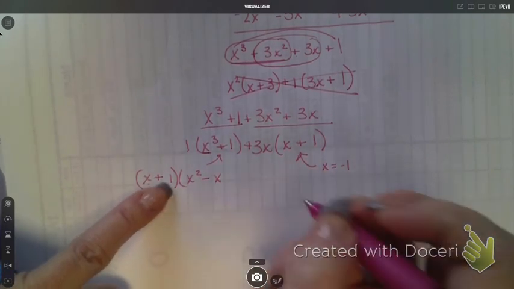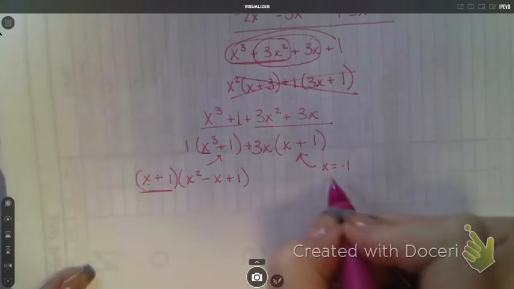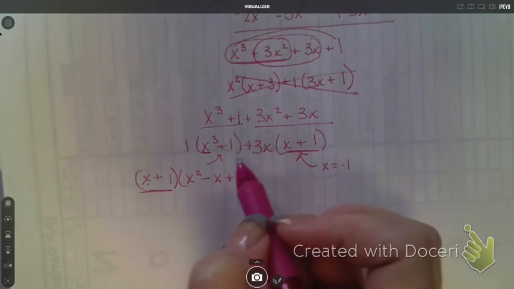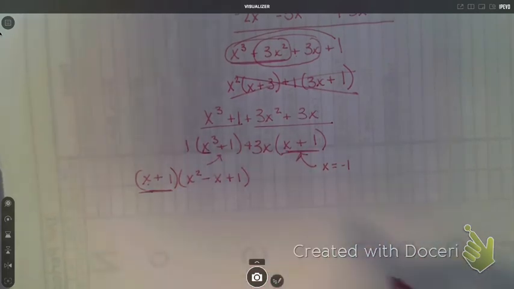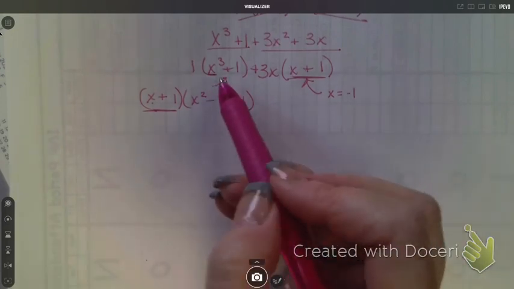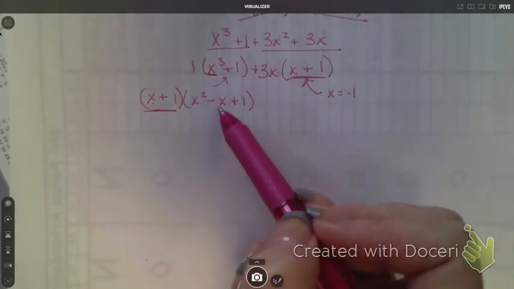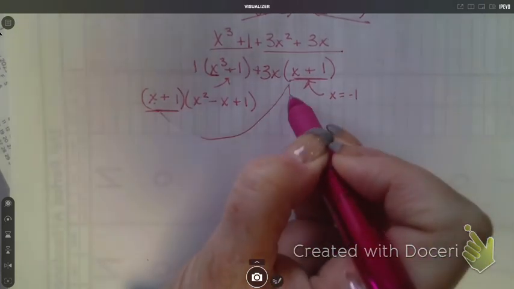And you square the last thing. 1. So did I get x plus 1 on both of these things? Yeah. So I could factor this out, couldn't I? We said nothing could be factored here, but can't it factor like this? And don't we have this and this factor the same? Yes.